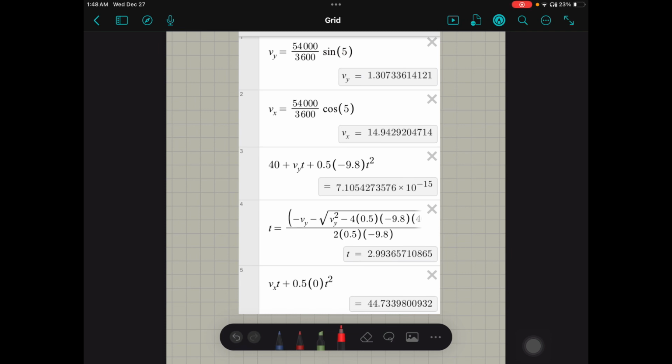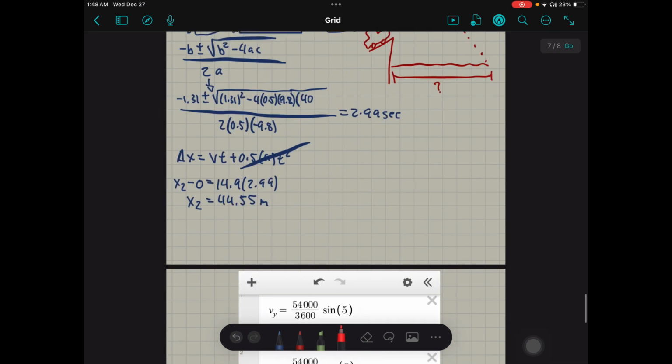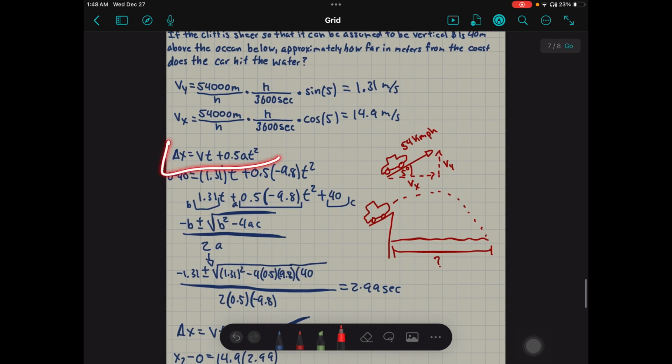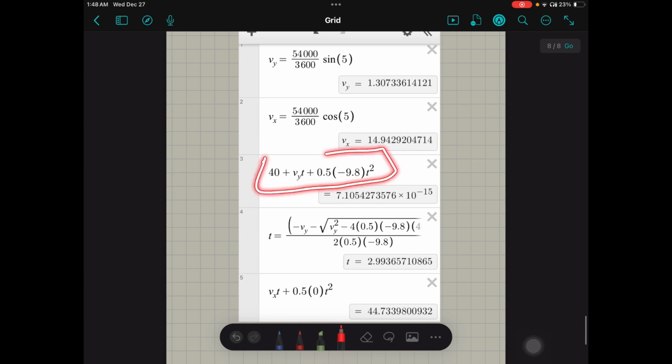We did the same thing to find the x component of our velocity using cosine 5, and from there we got the 14.94, and we got 1.31. Okay, so from there, we used this formula, and this is for the y component.